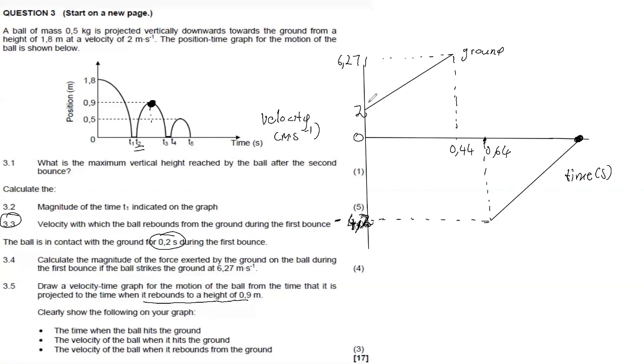So from a velocity of 2 meters per second, the ball goes all the way to the ground and hits the ground at a velocity of 6.27 meters per second. But it stays on the ground for 0.2 seconds and now leaves the ground at a velocity of negative 4.2 meters per second until it reaches the maximum height at a velocity of 0. Right. So I hope that makes sense.